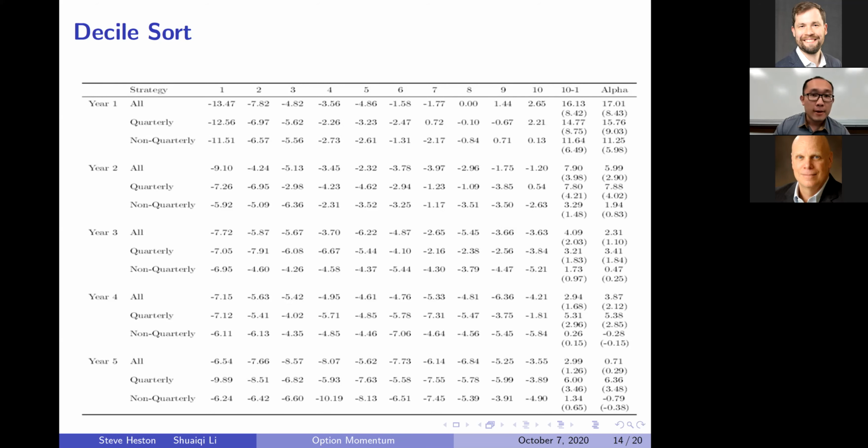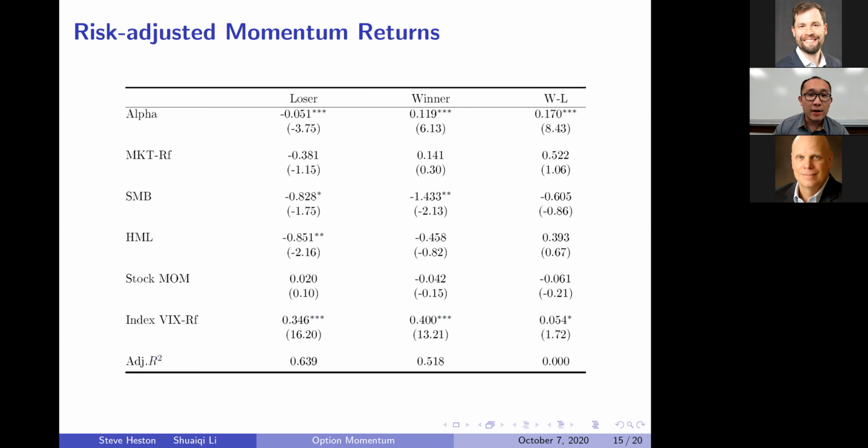Then we look at the risk-adjusted return. The winner has a 12% alpha, which is much larger than the negative 5% of the loser. So most of the momentum profits are actually coming from the winner portfolio. And the long-short portfolio has a low exposure to stock market risk factors, but a slightly positive exposure to the index VIX return.